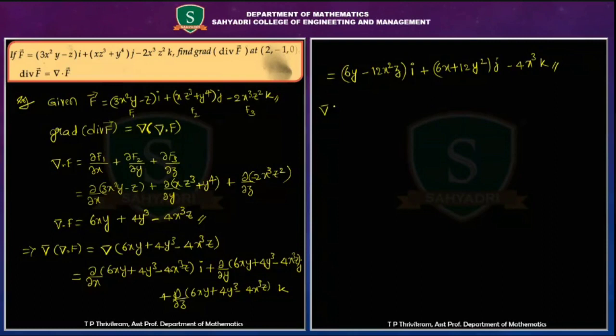So del of del dot f is equal to, at this point you need to find. At 2 comma minus 1 comma 0, take x equal to 2, y equal to minus 1, z equal to 0. So you'll get minus 6i minus 0, plus x value 2, so 2 into this you'll get 12.